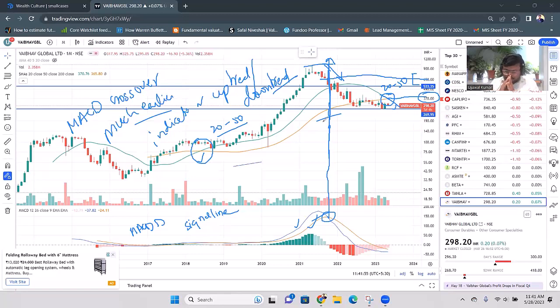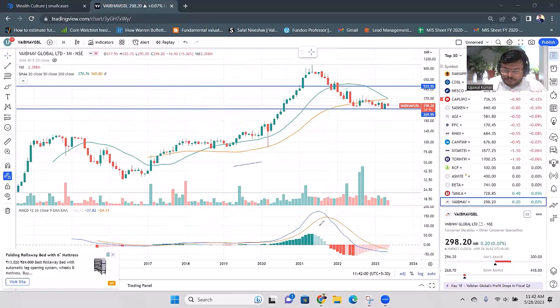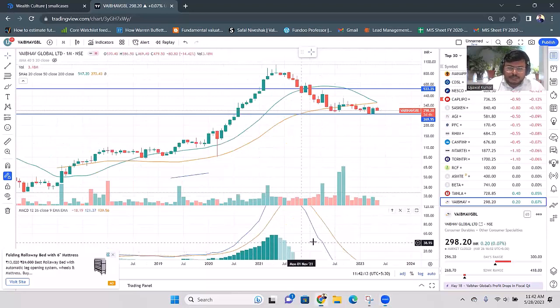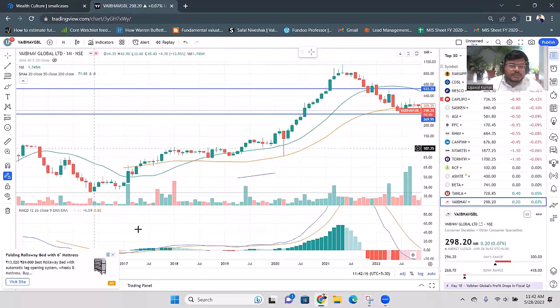Okay. Now, since we are discussing uptrends and downtrends, I also want to talk about the crossover that happened on the buying side, right? So if you look at what happened on the buying side, let me just magnify this a little bit. So what you're seeing here is that my buying crossover, which means the moving average crossover, happened at this point of time, right?